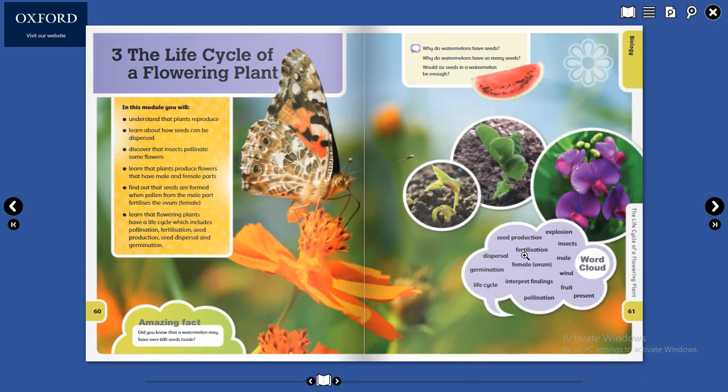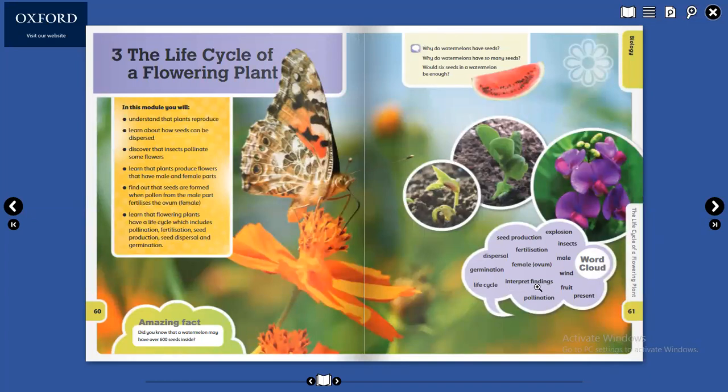Germination. Germination. Interpret findings.